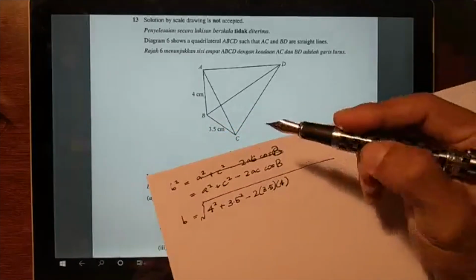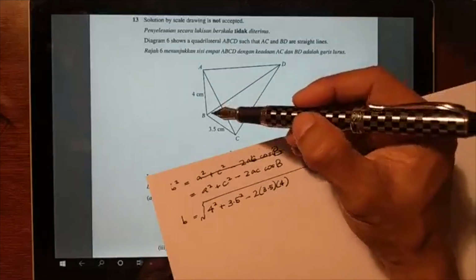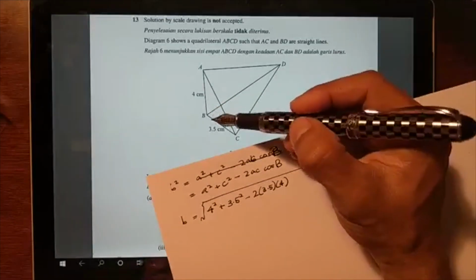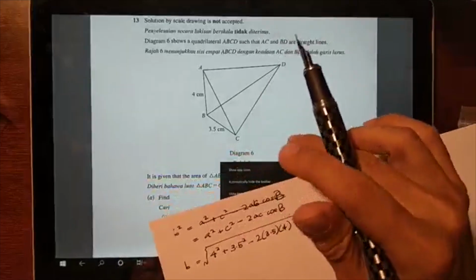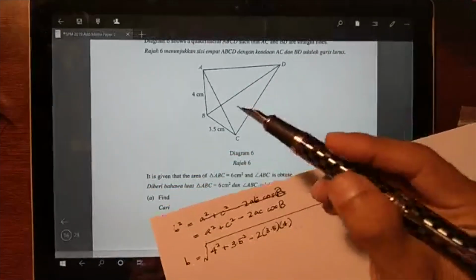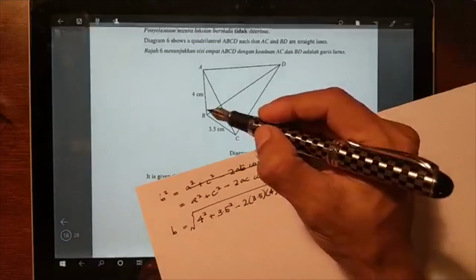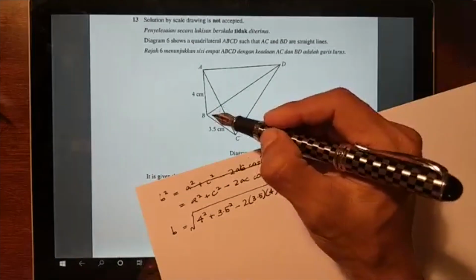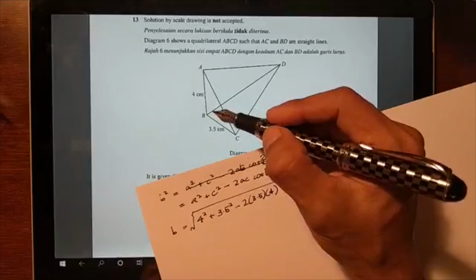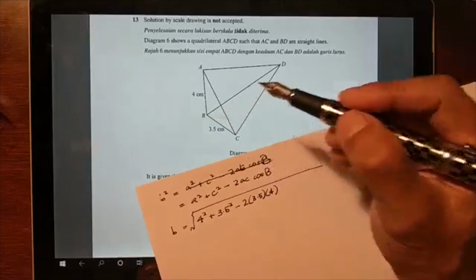Alright, now cosine B is the tricky one. We know sine B, obviously. That's 6 over 7 from the previous results. Okay, but you notice that cosine B, this being an obtuse angle, should be a negative number.